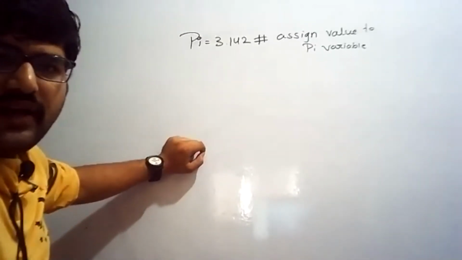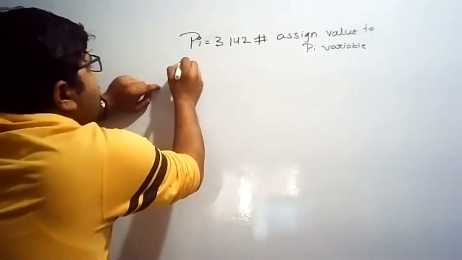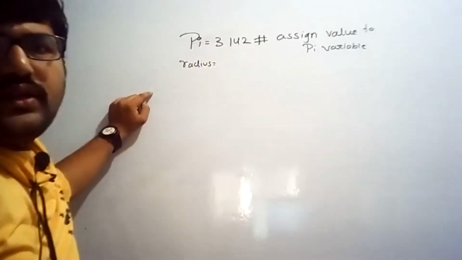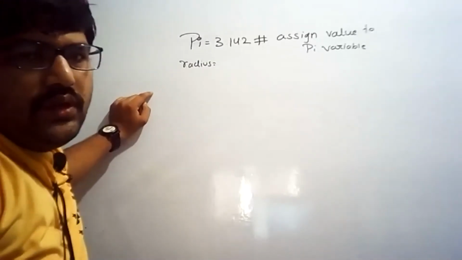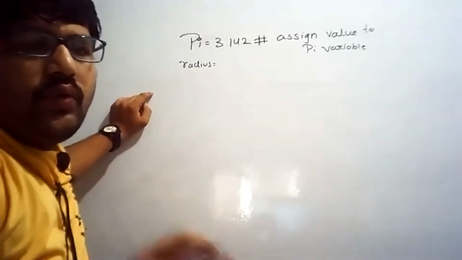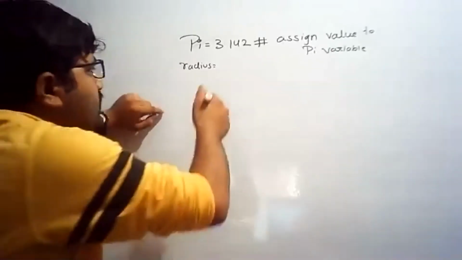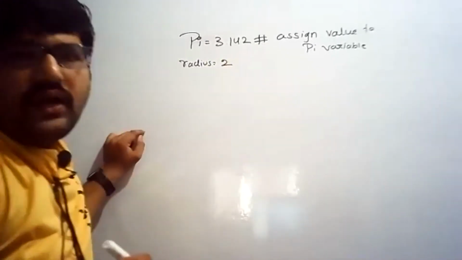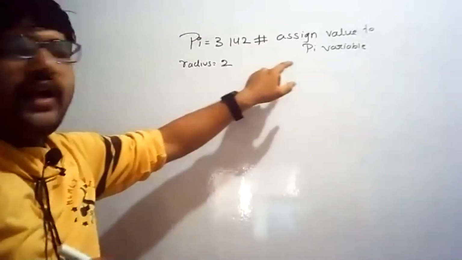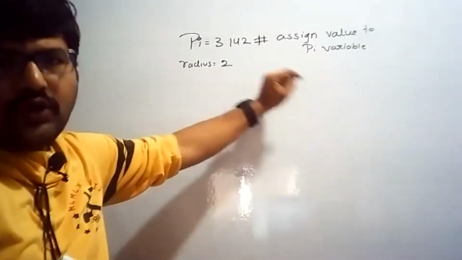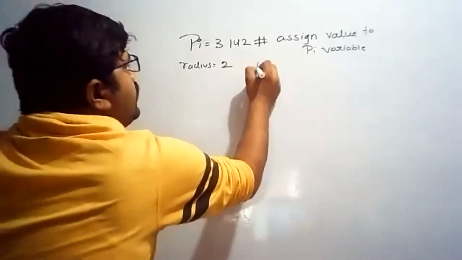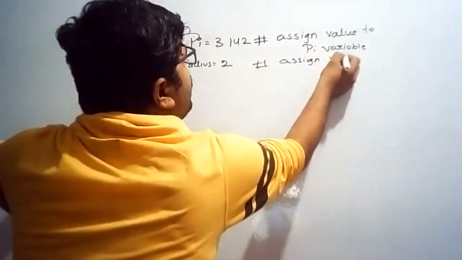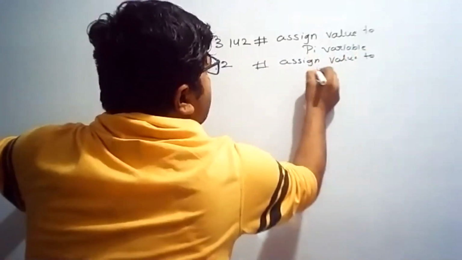After pi I require radius, that is r. Radius is equal to, take your own value; I will take 2 here. Again you need to write a comment: assign value to radius.